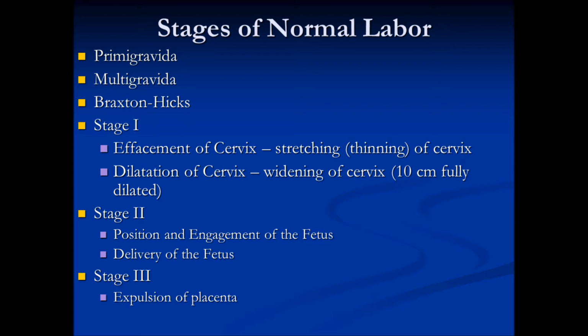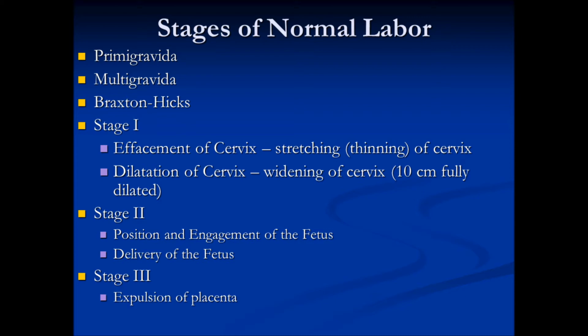So you have 2 depictions. One is a primigravida depiction of how effacement and dilation would result. And then you have a multigravida depiction of how dilation and effacement will progress. There is a difference because the body has been through it once before.